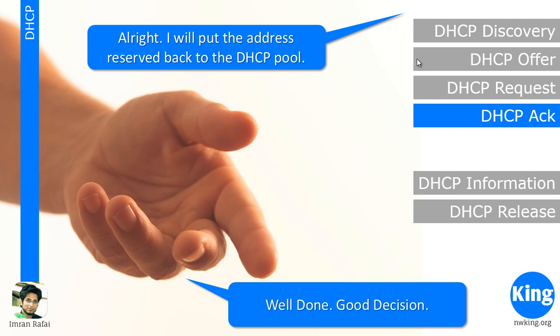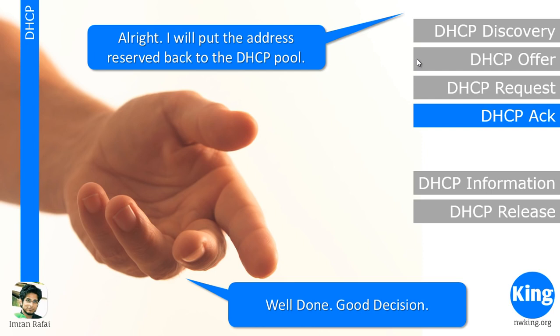Now DHCP release is the message sent by the client to the server to tell that it wants to release the IP address that it already has. But most of the time what happens is the user just disconnects before the client can send that message to the server, right? So before the client can even send that message, either the computer is shut down or the computer is disconnected. Now that's up to the user, right?